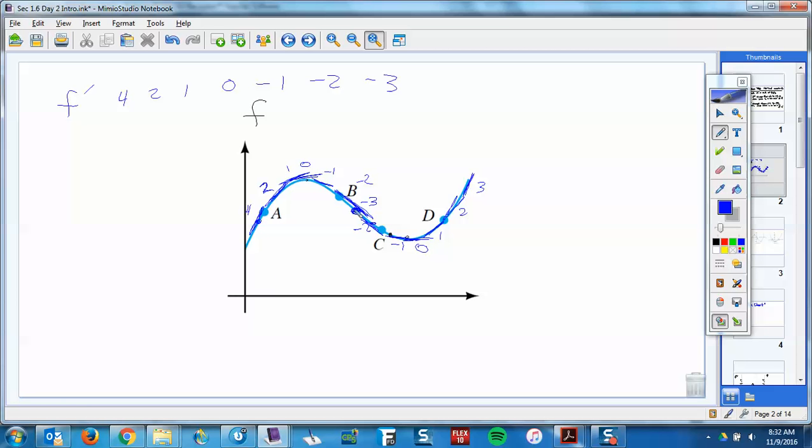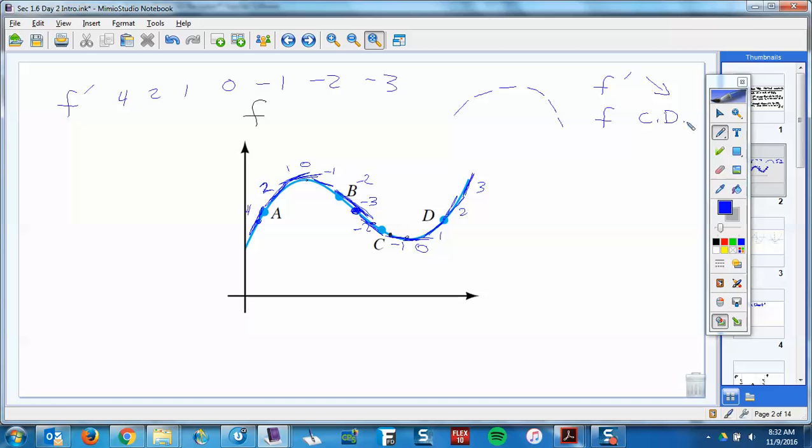What's the graph of F this whole time? Concave down. Because what I have are positive slopes that are getting less positive, and then I turn to negative slopes that are getting more negative. Doesn't that have to make concave down? So didn't we just understand right there that when F prime is decreasing, doesn't F seem to be concave down? Isn't that what seems to be happening?